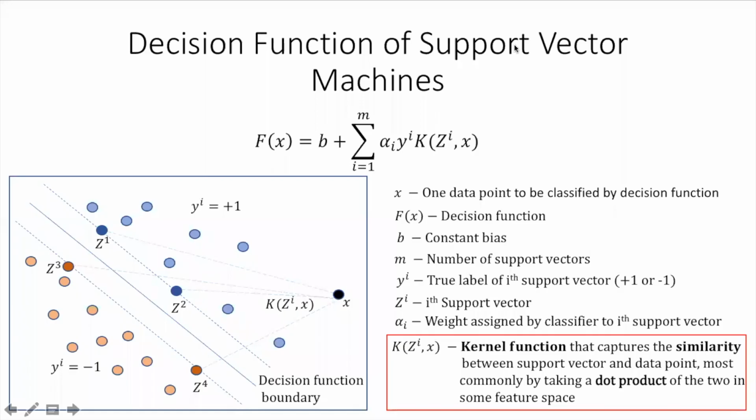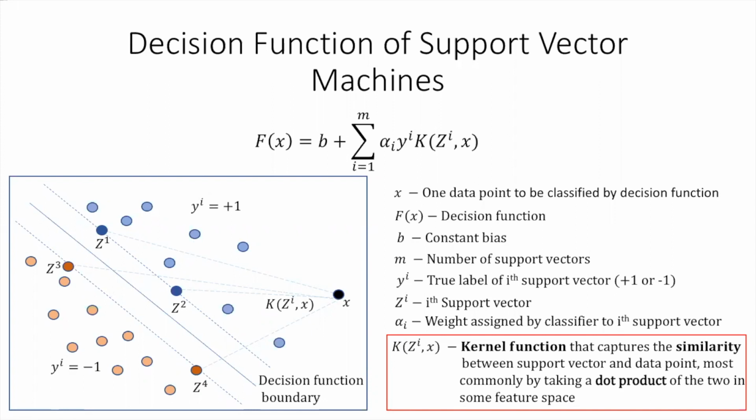So in this slide, I'll talk about the decision function of SVMs. As we show in this diagram on the left-hand side, an SVM essentially takes a set of input examples, the blue and orange dots, and classifies them as either positive or negative. Here we have the blue as positive, labeled with yi as +1, and orange as negative, labeled with yi as -1.